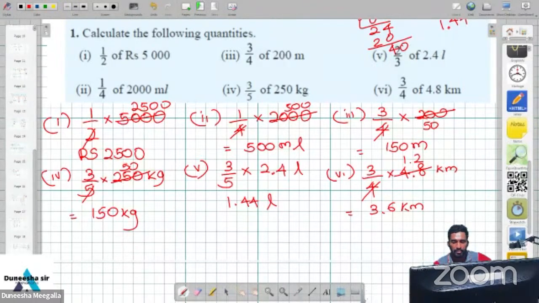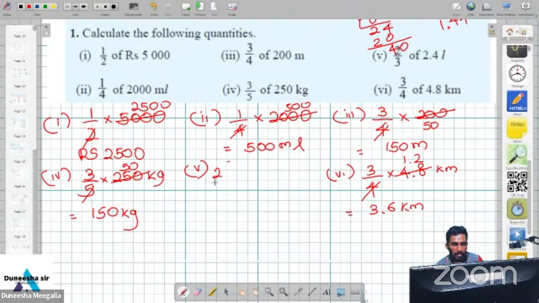If there is any mistake, you can correct it if you're wrong, and after you finish. Yes, sir. Sir, for the fifth question, it's 2/3 into 2.4 liters. No, sir, not 3/5. Sorry, I got the fraction wrong. Okay.